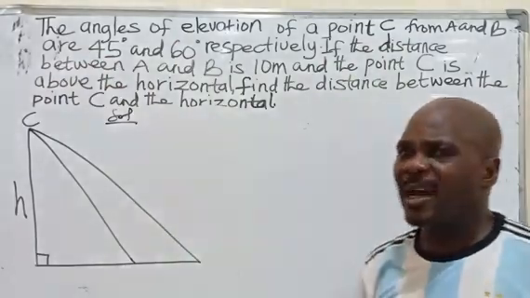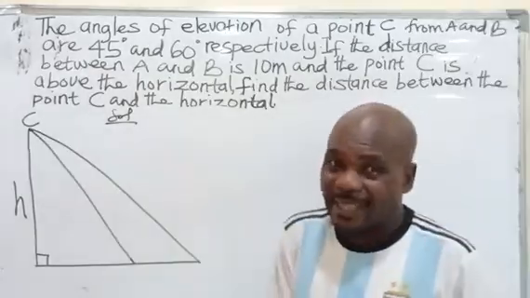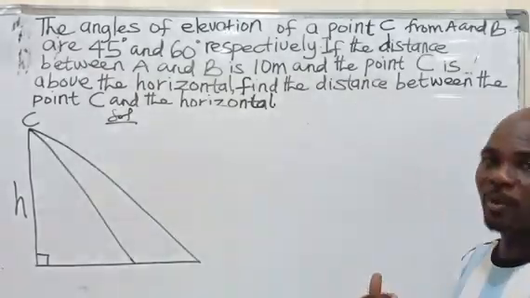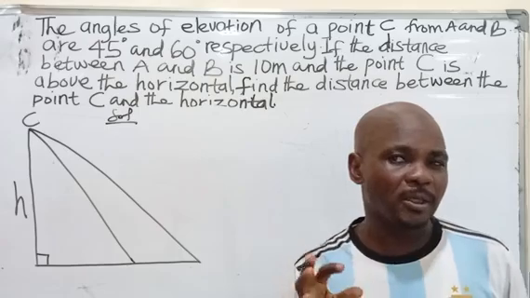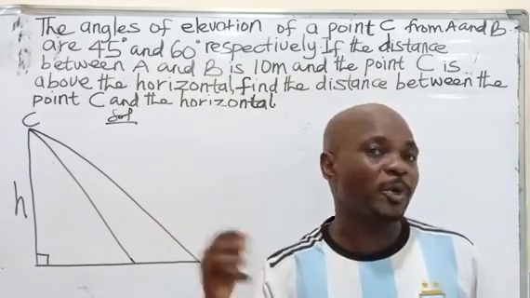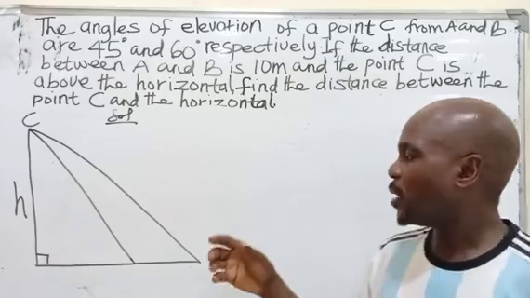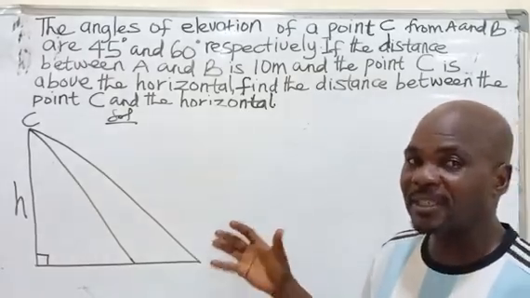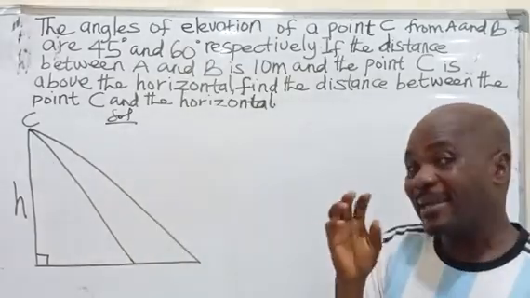Now, when you are closer to the object, your angle of elevation is greater than when you are farther from the object. That is why sometimes when you are looking at objects from very far, they look a little bit tiny. And it is so, not necessarily because you have a problem with your eyes, but because your angle of elevation, that's the angle at which you are raising your eye to see the object, is what?